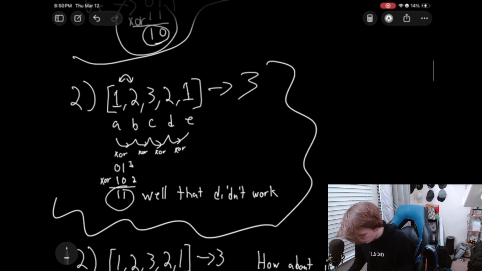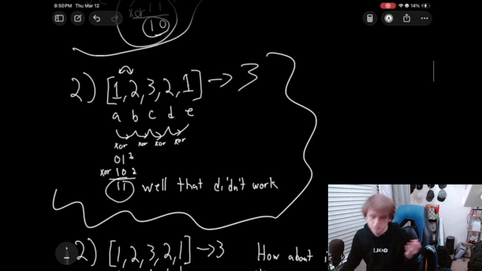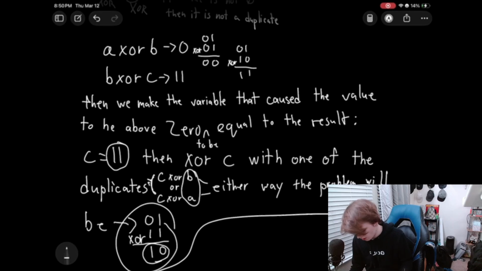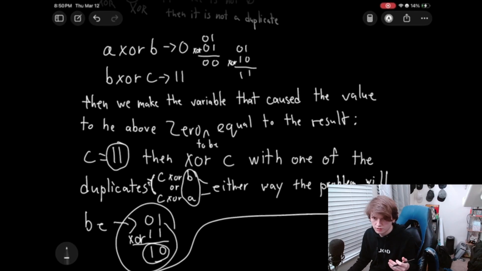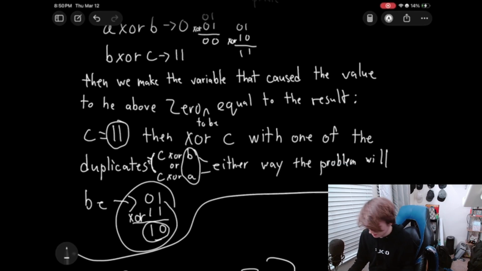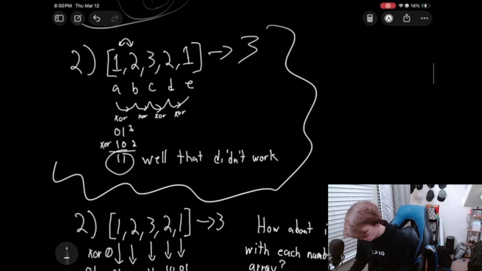And that didn't work. So that quickly failed, because my theory, that the variable that would cause the result to be above 0 would be the culprit, was wrong. Might have worked the first time because I got lucky, but didn't work this time.